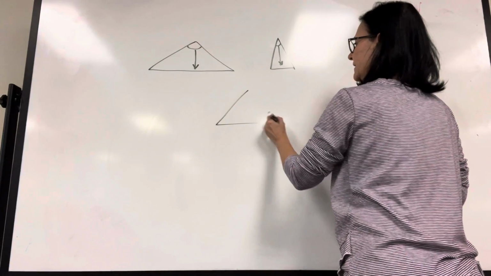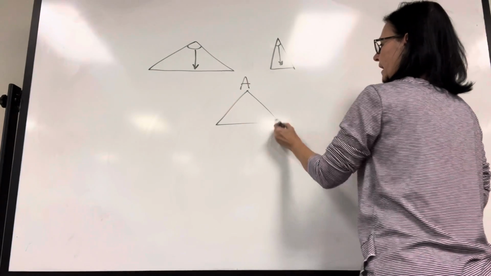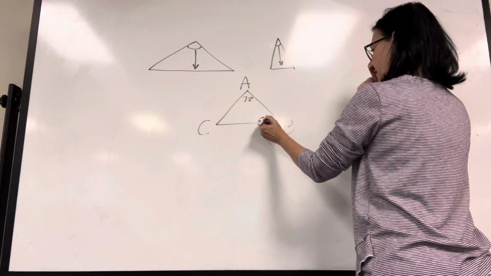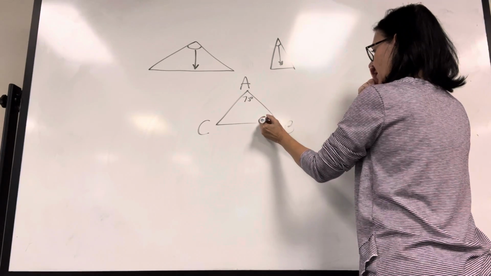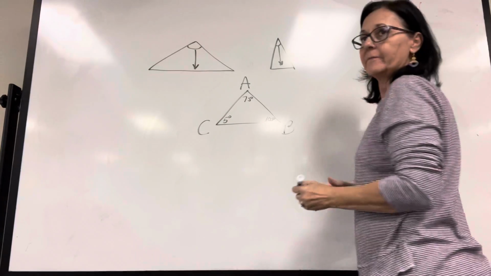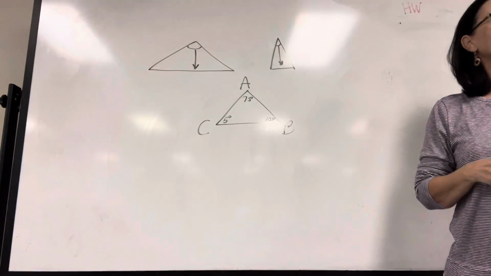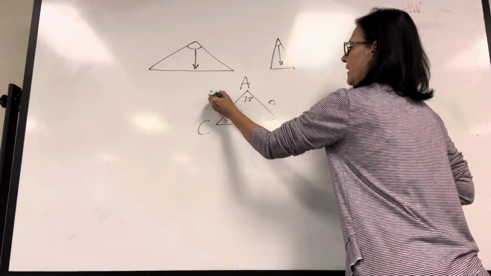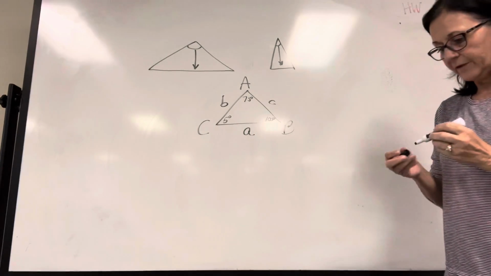Such that if I had this triangle, we're going to call it ABC, and we'll say that's 75 degrees. We'll make this 100 degrees. Okay, just don't look at the angles. We'll call the sides AC and B. Which side would be the longest side?